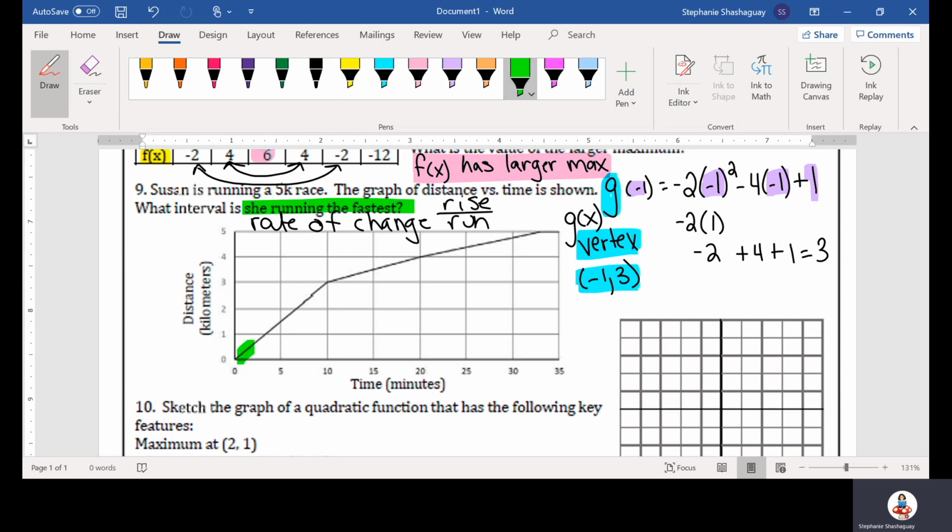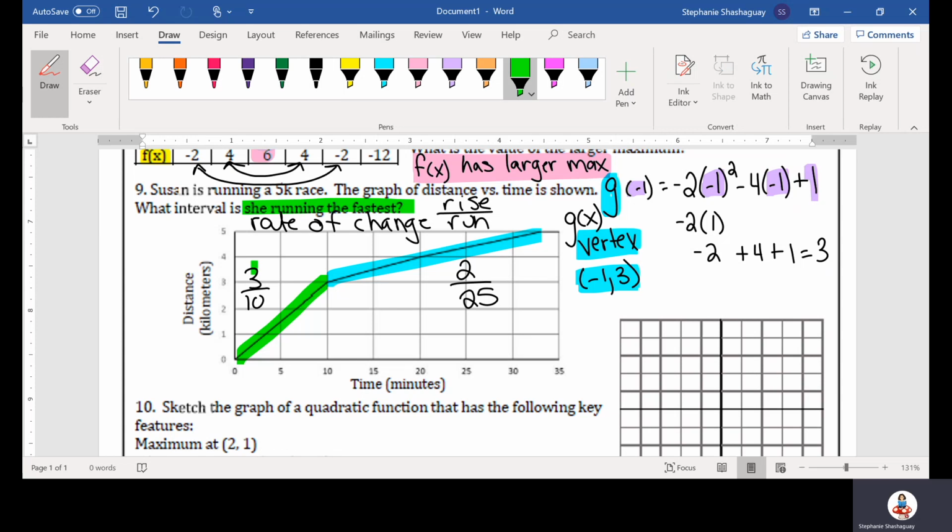Well, from 0 to 10, my slope is going to be 3 over 10. From 10 to 35, I only went up 2, so that would be 2 over 25.